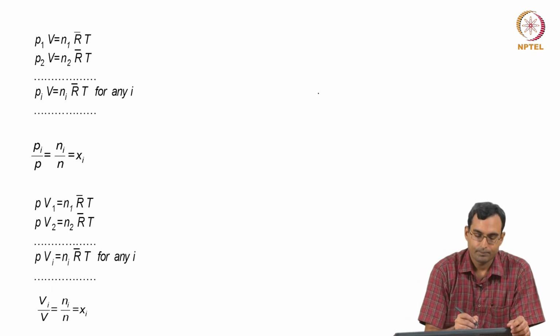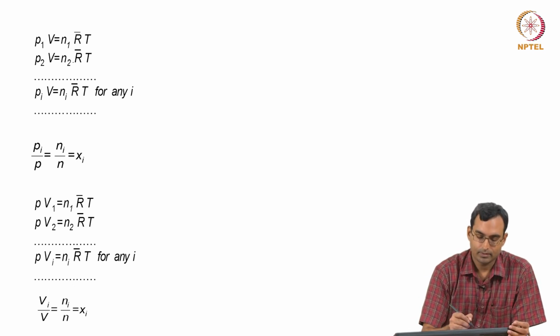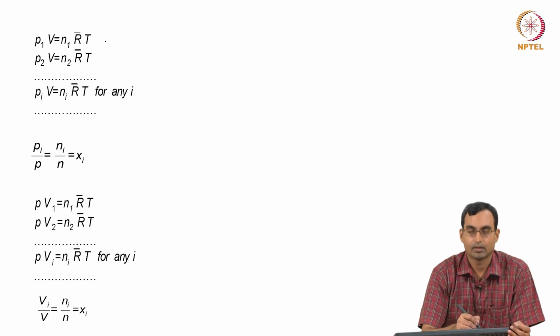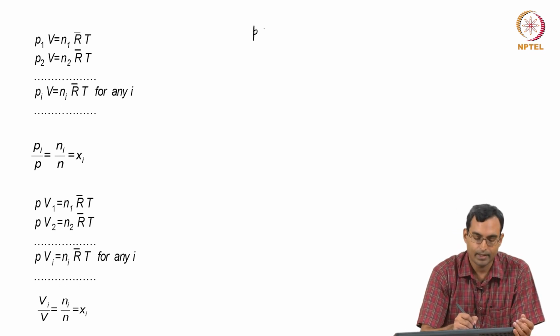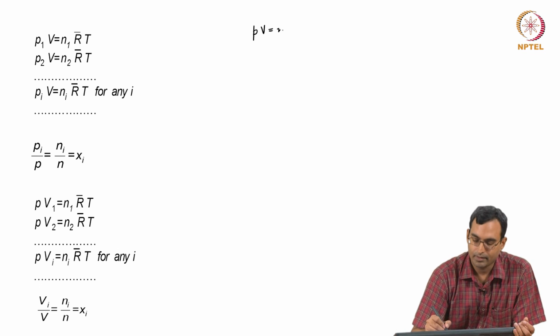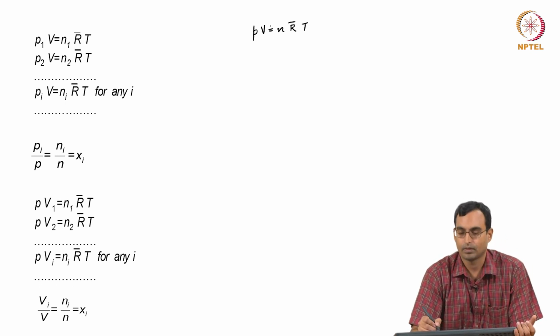For example, if I was to think of an ideal gas mixture, I have species with N1, N2 and so on, which are the number of moles of gas 1, gas 2 and so on. Our general ideal gas equation of state is PV equals N R bar T, where N is in kilomoles and R bar is the universal gas constant.